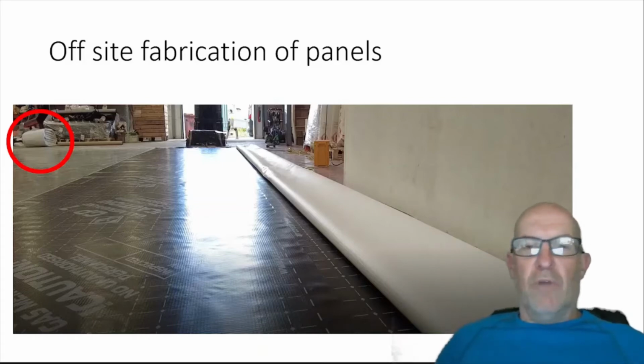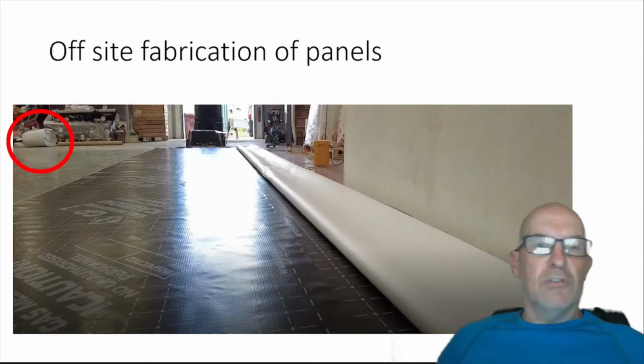They will then roll the panels, as we can see circled there, ready for dispatch to site, minimizing the work as well, as site seams are reduced, hopefully speeding up working processes. So this would be considered a modern method, rather than taking lots of rolls and trying to do a lot of seams on site. It can often be done off site and speed up the process.